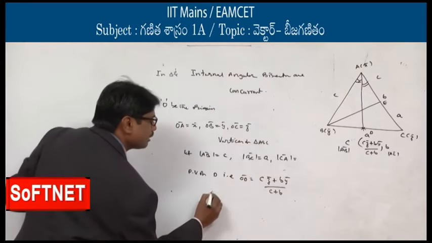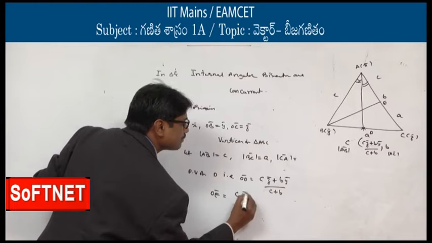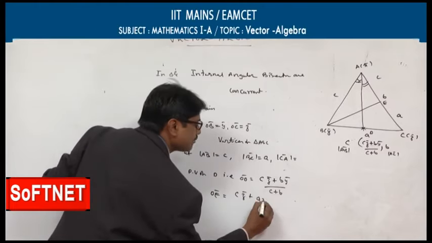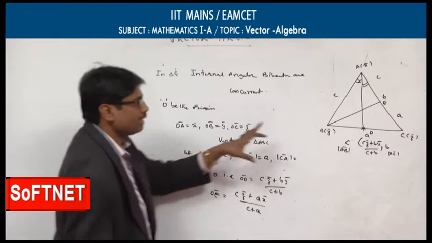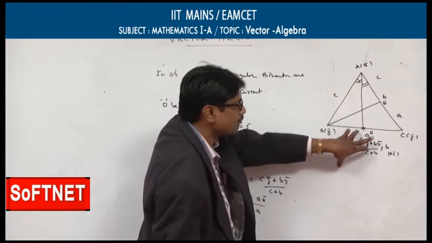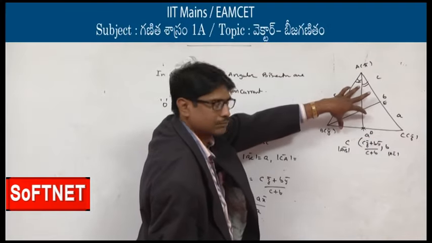So the position vector OE bar will be equal to C times Z bar plus A times X bar divided by C plus A. So we calculated the position vectors of the points where the bisectors meet BC and AC.